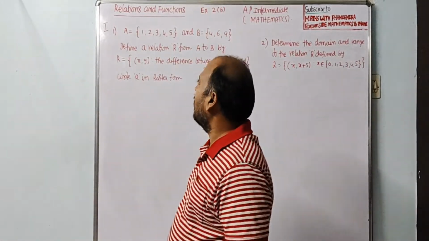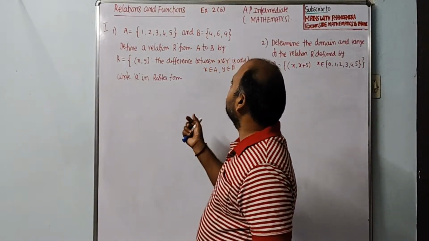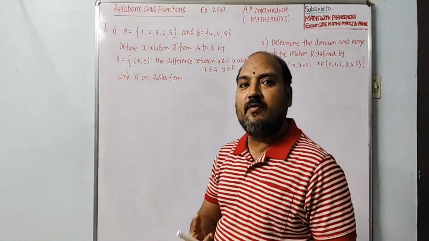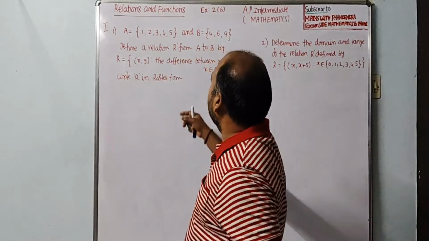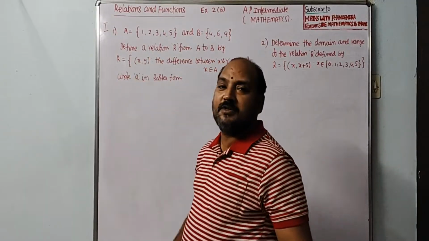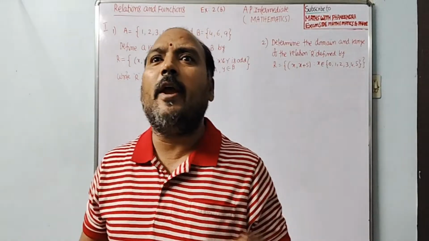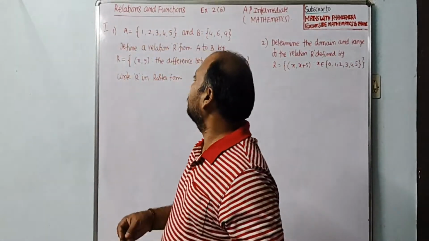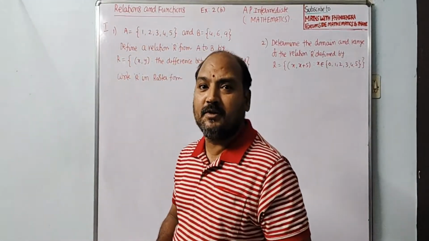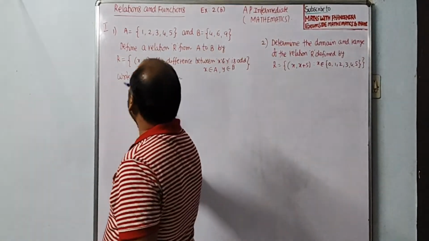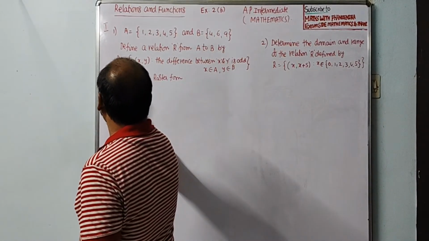So they are asking to write the pairs where the difference of x and y is odd. Before that, they are asking to define a relation. What is a relation? Any subset of A cross B is called a relation. So first, I am going to write A cross B according to the question.